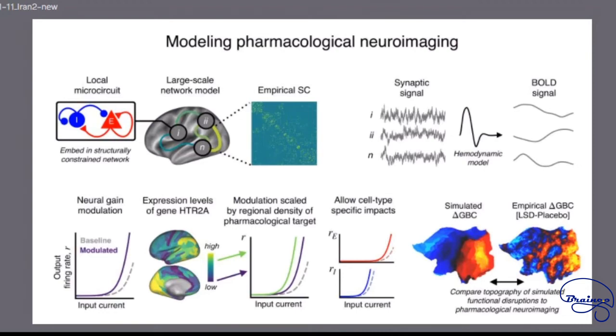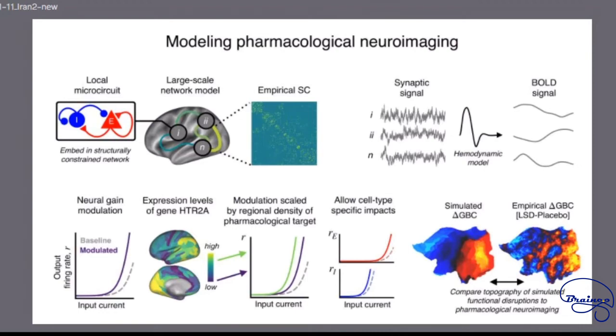And so based on the physiological literature, we think that the HTR2A receptor is basically modulating the gain, the input-to-output relationship of a local region, right? And so we get an increase in gain, and we're going to have the strength of that gain modulation for each cortical area be modulated by the gene expression map.